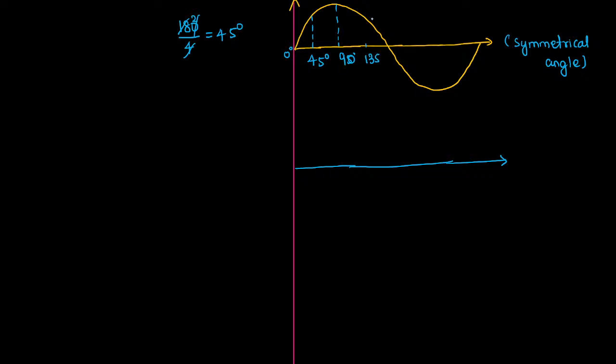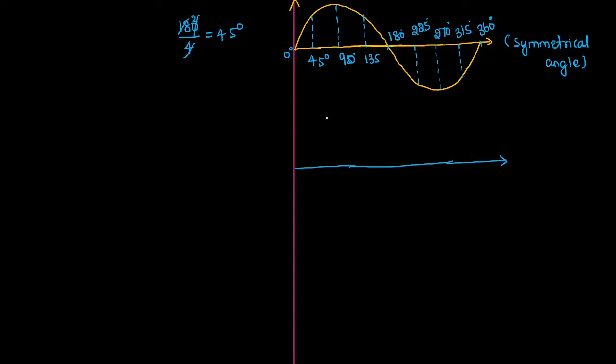Next 45: 135 plus 45 equals 180. 180 plus 45 gives 225. 225 plus 45 gives 270 degree. Again 270 plus 45 is 315. 315 plus 45 equals 360 degree.